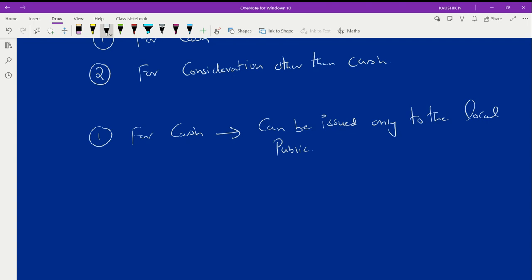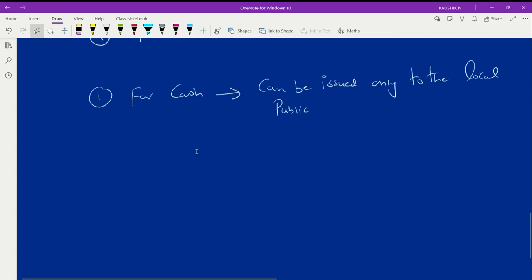For cash means you are issuing your company shares to the local public and you're collecting the money from them. So this is the concept which we call for cash. Now, when I'm going to issue it to the public, again I have some options with respect to the payment and the mode of issue. But we'll see that later.